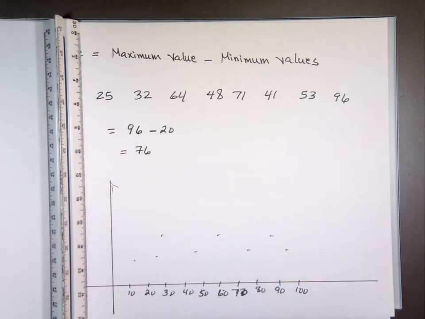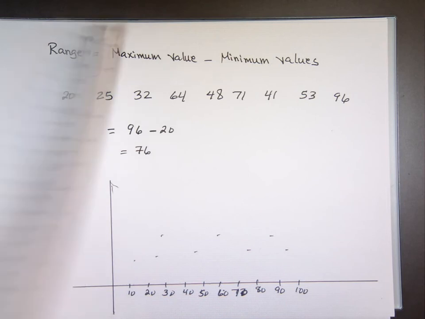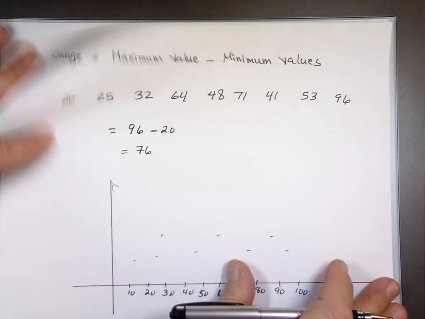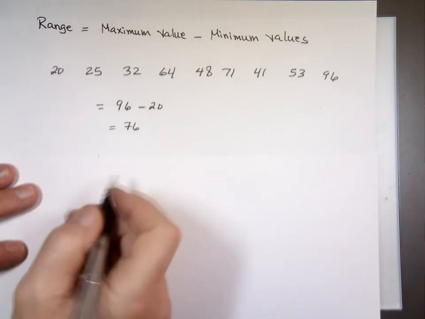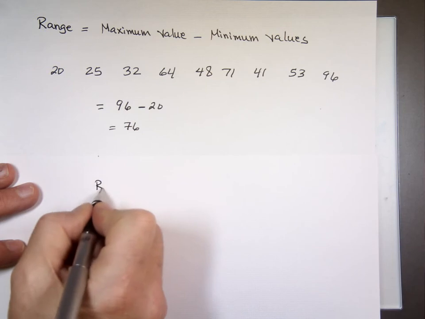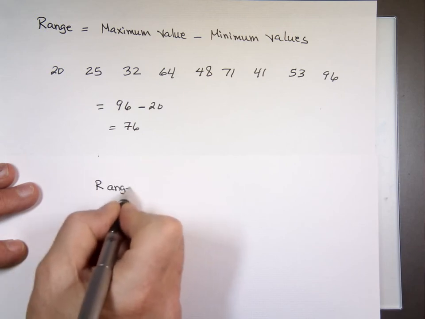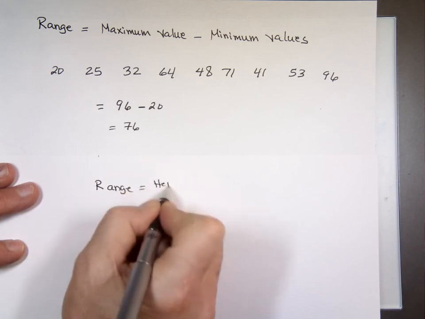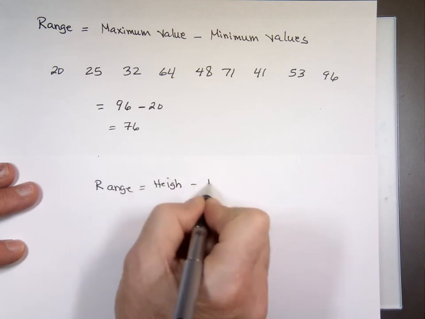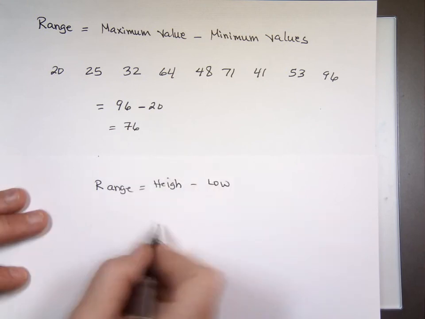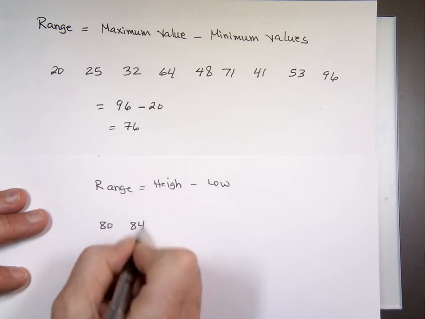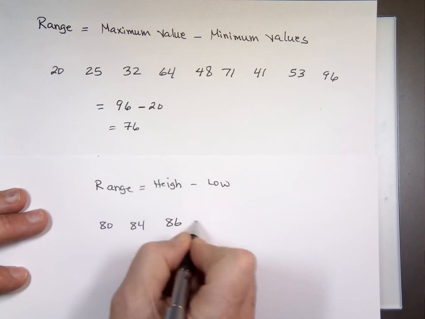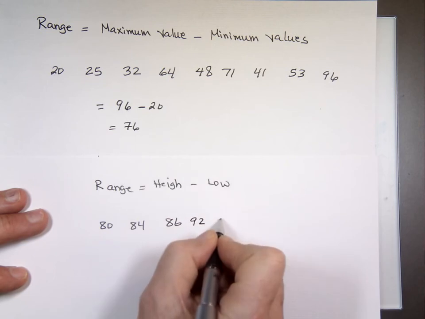Where on the other hand, if we take a different class, we'll take Calc. You know Burns is easy. So again, we're looking for the range. The range is the high value minus the low value. So you took Mr. Burns' test in Calc 3 and you got 80, 84, 86, 92, 81, 75.